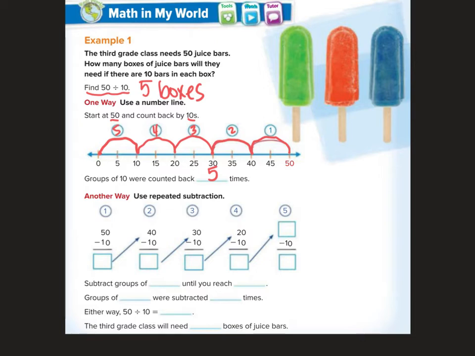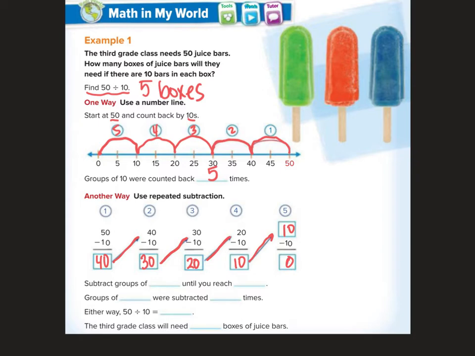Let's look at another way, if we use repeated subtraction. So 50 minus 10 is 40. Bring it up. 40 minus 10 is 30. Bring it up. 30 minus 10 is 20. Bring it up. 20 minus 10 is 10. Bring it up. 10 minus 10 is 0.